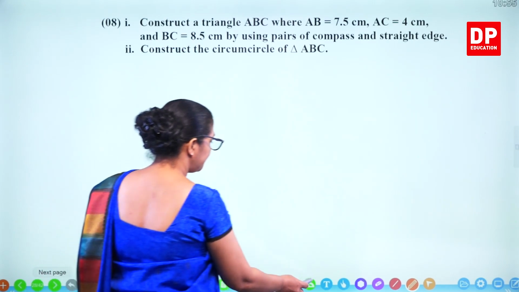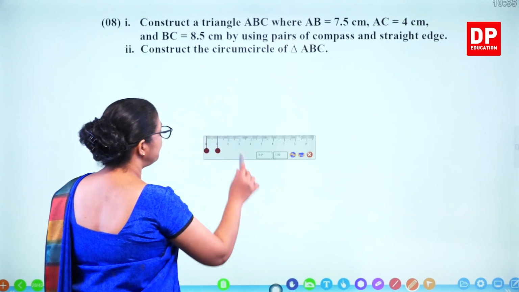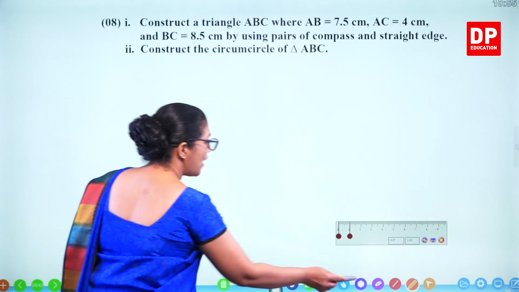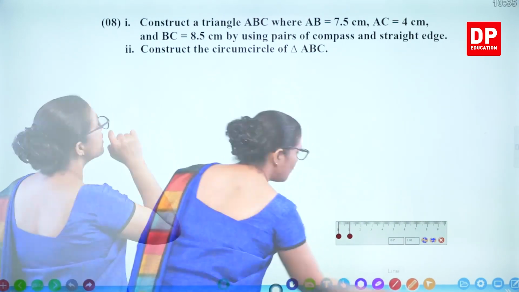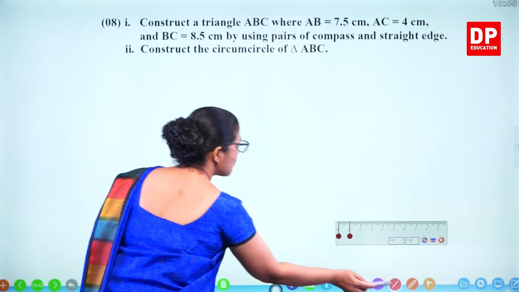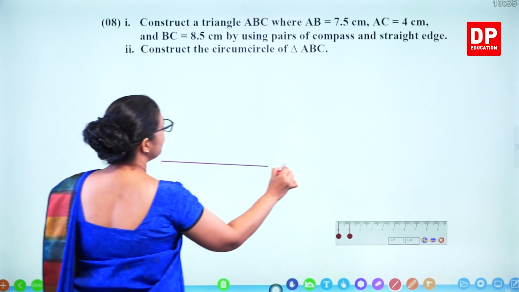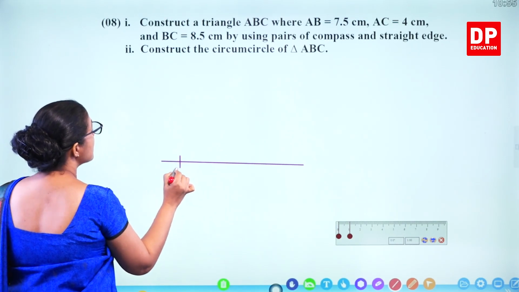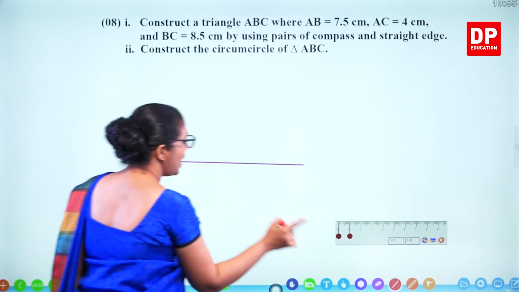So we'll take the ruler and the compass. But before that, we'll draw a line first. We'll first draw the straight line. So we'll mark B first. BC is 8.5.